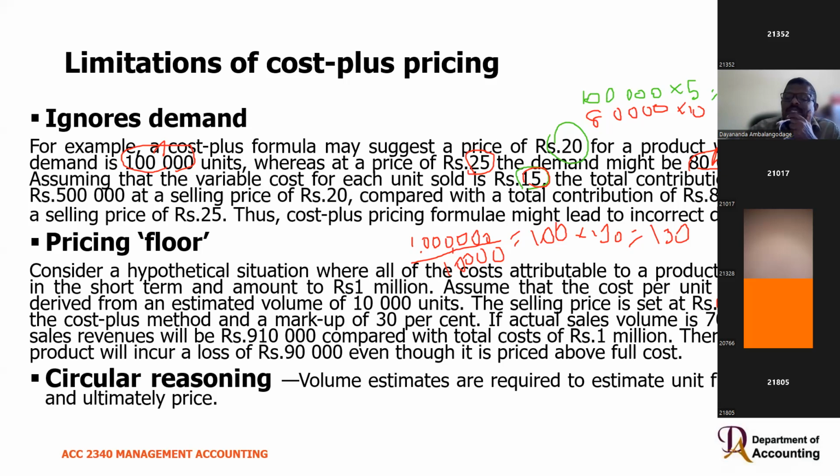So what happened if your actual sales is 7,000, not 700,000? 7,000 multiplied by 130 would be your income, which is given in the question as 910,000.